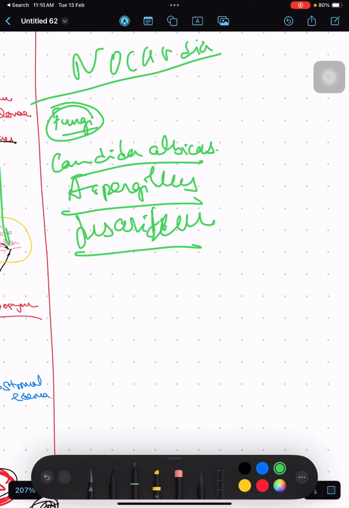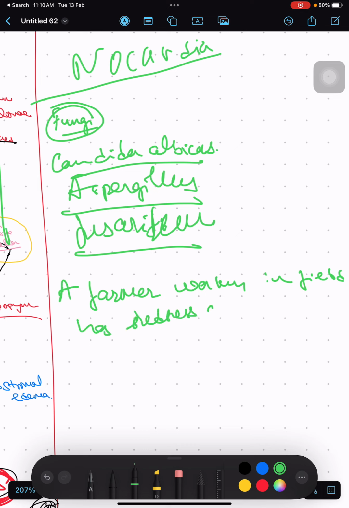Now, a farmer working in the field has redness and blepharospasm in his eyes.